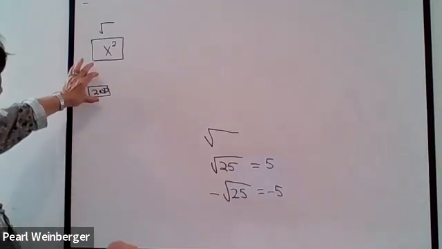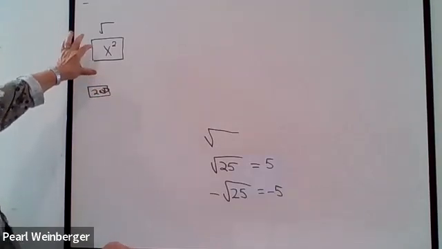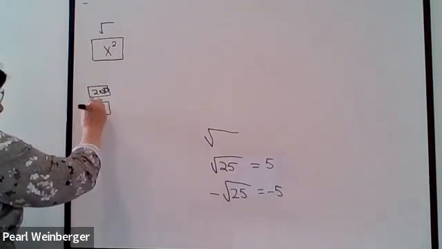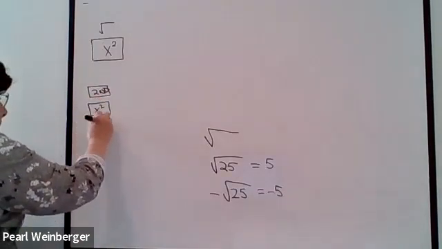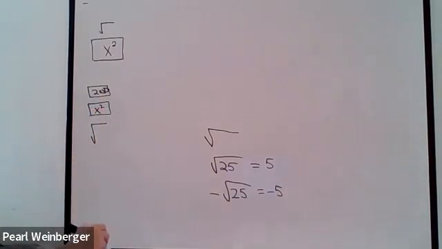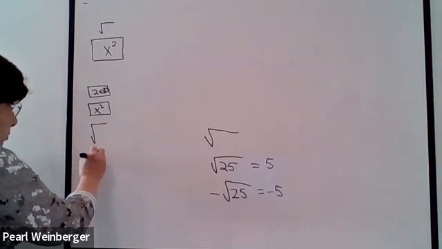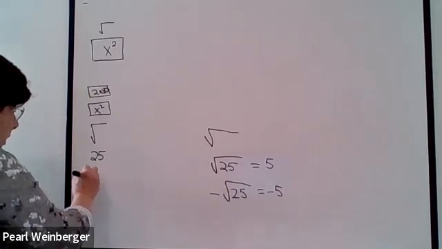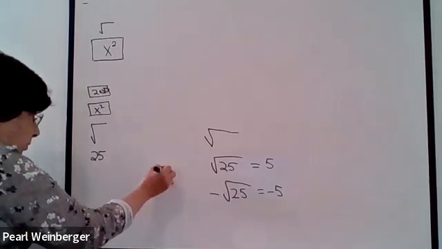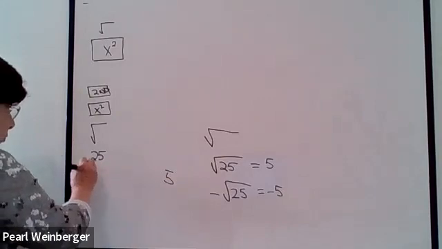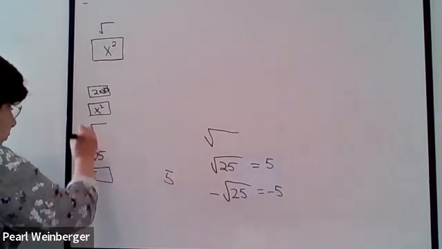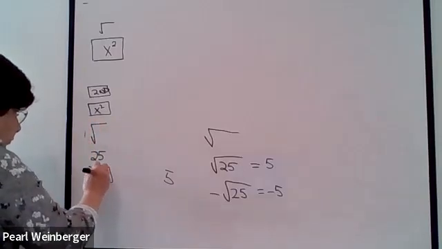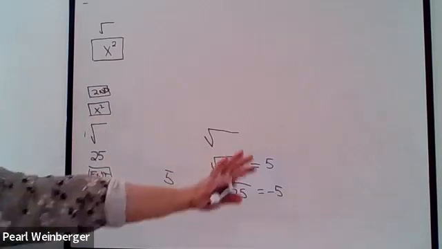I can't give you specific instructions because I don't know exactly which calculator you're using, but this is pretty general for all calculators. You press your second button, you press your x squared button, and what will pop up will be this radical sign. And you'll put in your number. Let's say your number is 25. And then you press enter or equal, and your answer will come out at the end.